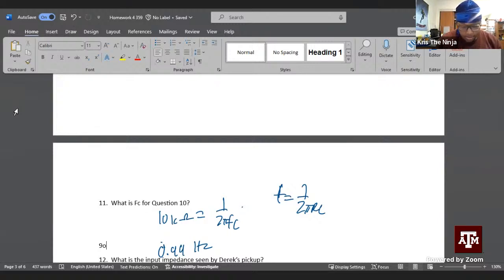Then you multiply that by the input, which is 1.1. So V out is like 1.09. It's very, very, very small.